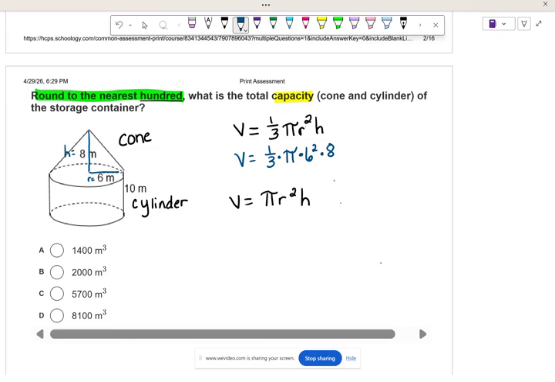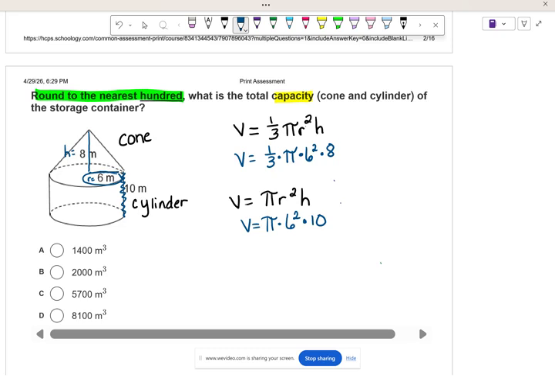For the cylinder down here at the bottom, the cylinder and the cone fit together perfectly, so the radius of the cylinder is the same as the radius of the cone. So we have pi times 6 squared, and the height of the cylinder is 10.